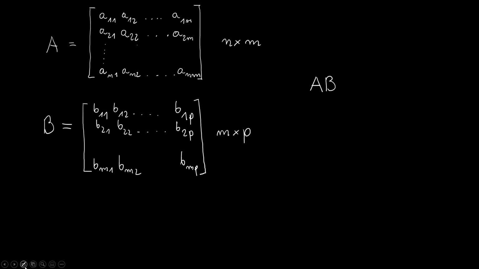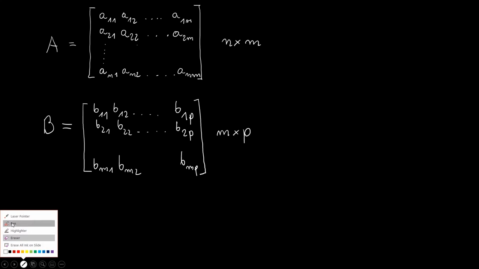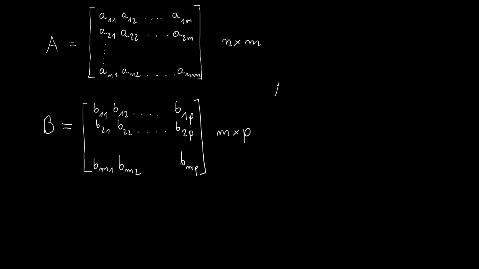Let me move this AB a bit to the left. Right. So AB, and we will think what will be in the i row and j column of the matrix, which is a multiplication of those two.